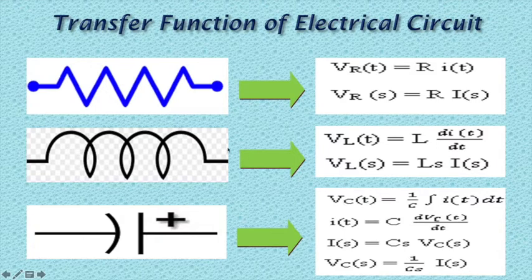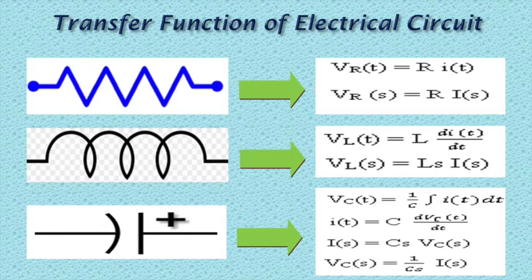Always remember, for the resistor the voltage drop is R I(s), for the inductor it is L s I(s), and for the capacitor it is 1 by Cs into I(s).